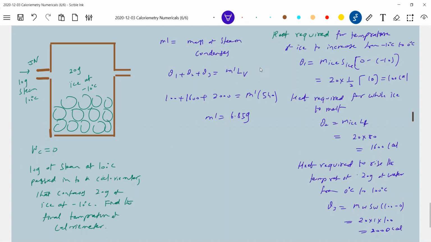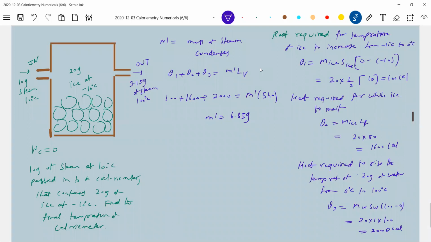So how much remaining will leave? 2.25 or is it 3.25? 3.15. 3.15 gram of steam, what will happen? It will leave the calorimeter.